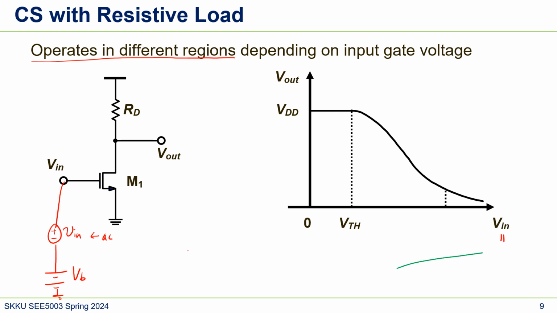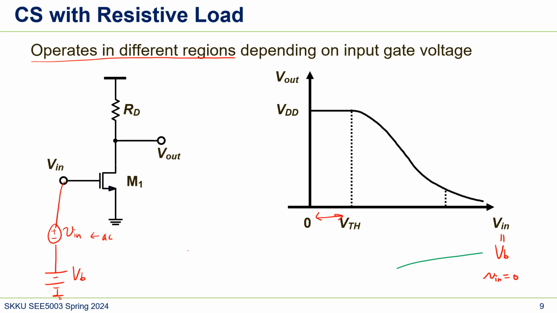So actually in this graph, what we do is just change the V bias while the small signal V in is 0. So that's what we did. Let's see what happened. First, if V in is too small, like this area, so we're talking about DC voltage, right?